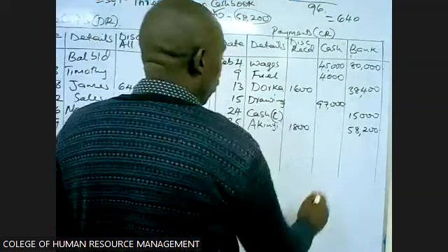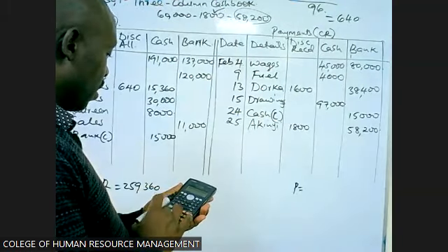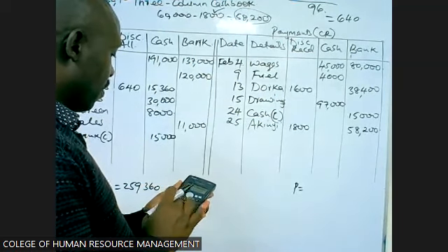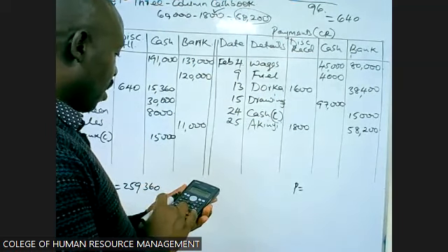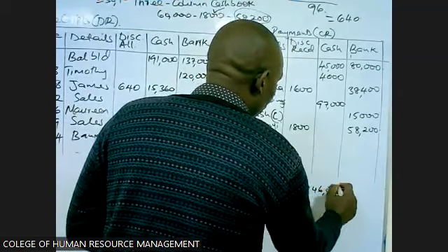Then you go to the payment. How much cash did we pay that month? We paid 45,000 plus 4,000 plus 97,000. We paid a total of 146,000.